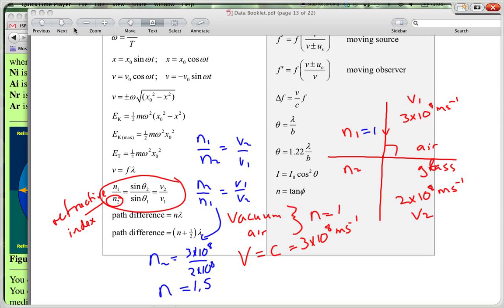So why is it that the light slows down in different materials? What is behind the slowing down? If you look at the speed of light, it's based on two different values: the permittivity and permeability, which are basically to do with the electric and the magnetic fields.